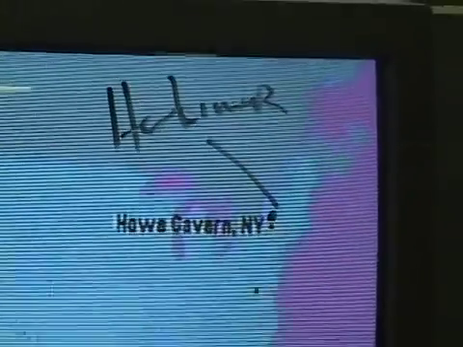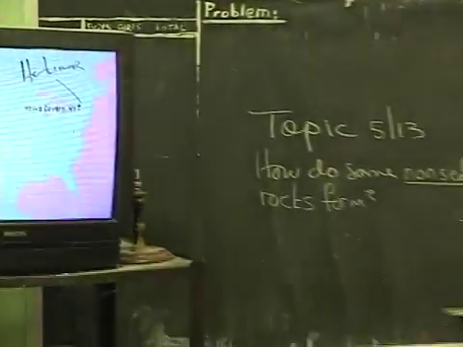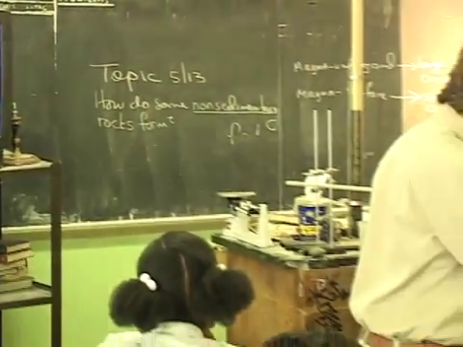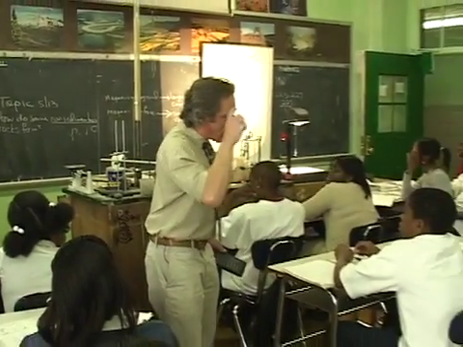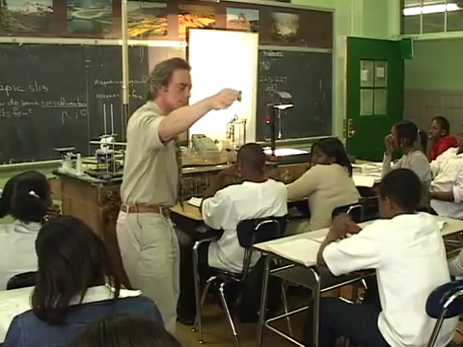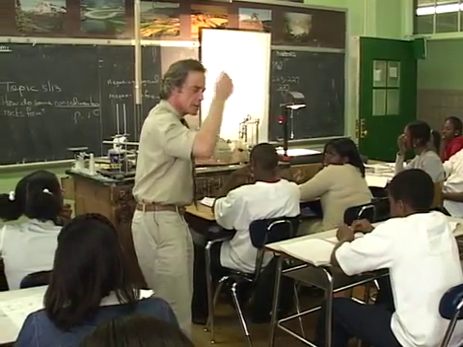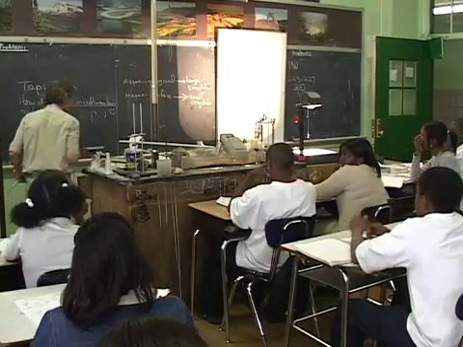You go to the Herkimer diamond mines, they rent you hammers, goggles, and they send you out into this cliff, and you can hack away at the rock, and that's how I found this Herkimer diamond.